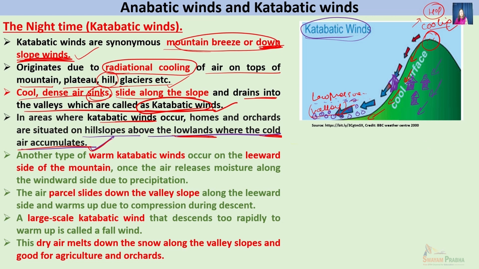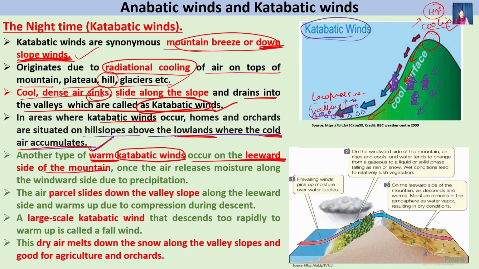So this was one type of katabatic wind which was detrimental because of the accumulation of cold air along the valley bottoms. Another type of katabatic wind, which is warm, occurs on the leeward side of the mountain once the air releases moisture along the windward side due to precipitation.